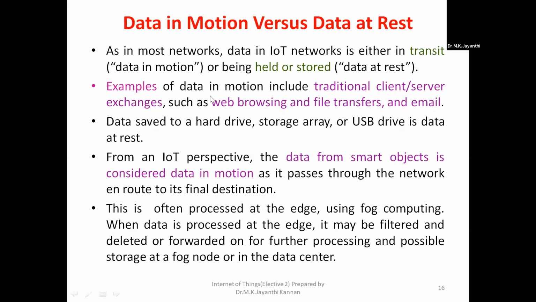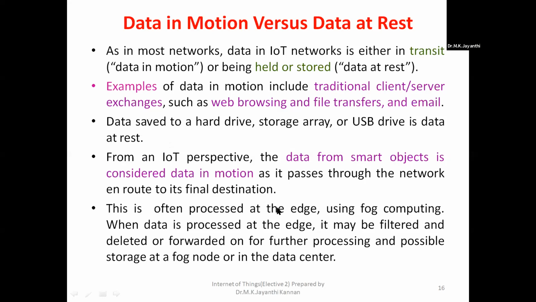Data saved to a hard drive, storage array or USB drive is data at rest. Once you store the data in any secondary storage device or USB pen, it will be constant. If you open and modify the data, then only another version will be created. Otherwise, we call it data at rest.